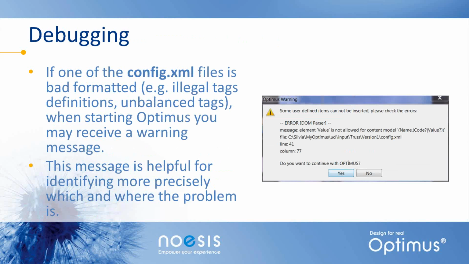To be honest, it's a bit delicate to create a UCI, both for the input and for the output, so before passing to the filters I want to explain some tricks on how to debug it.